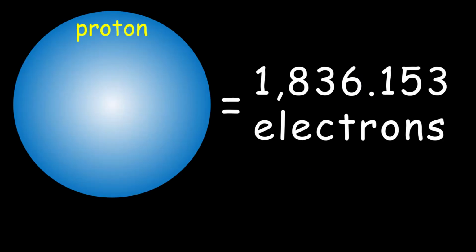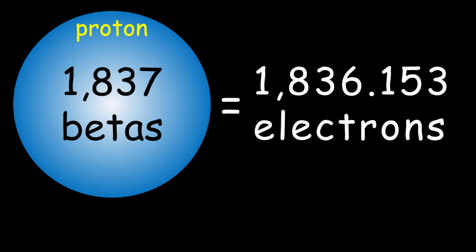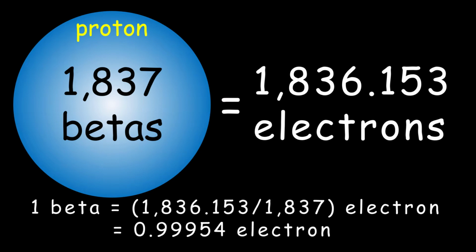A proton with a mass of 1,836.153 free electron masses that is made of 1,837 beta electrons and beta positrons makes the mass of a beta electron and beta positron 0.99954 times the mass of a free electron.